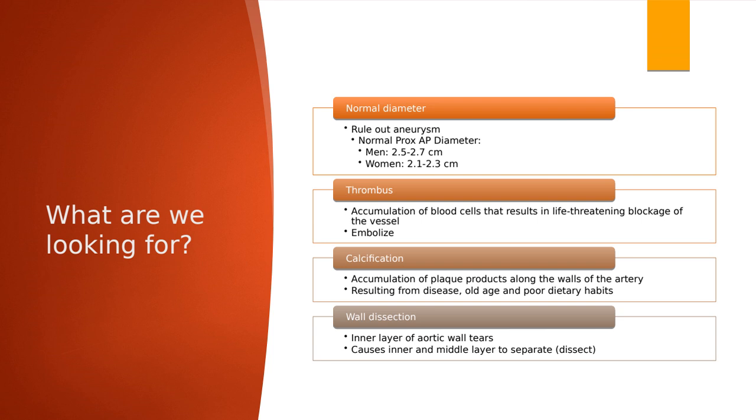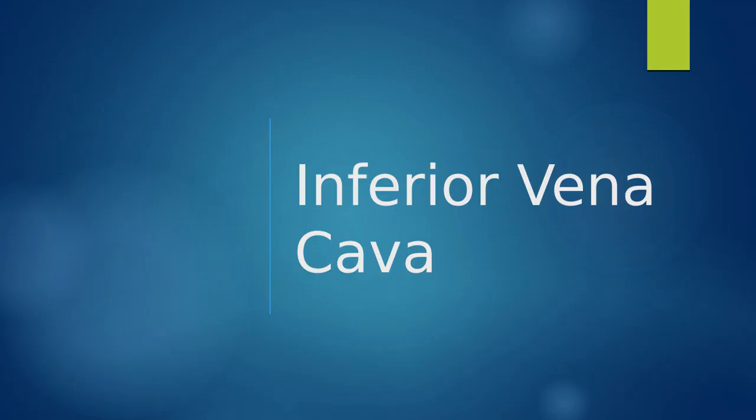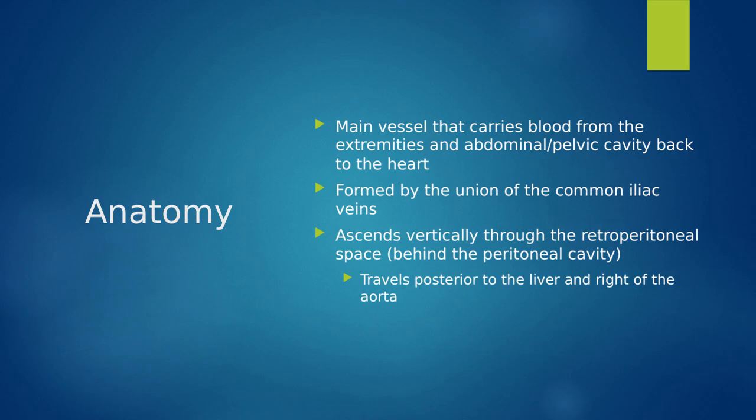Moving into our IVC, the venous great vessel. The IVC is going to be the main vessel that carries the blood from our extremities and our abdomen and pelvis back to the heart. So the aorta brings it and the IVC takes it all back. When we're looking at the aorta, the origin of the aorta is the heart, and the end point of the aorta is your fingers and your toes.